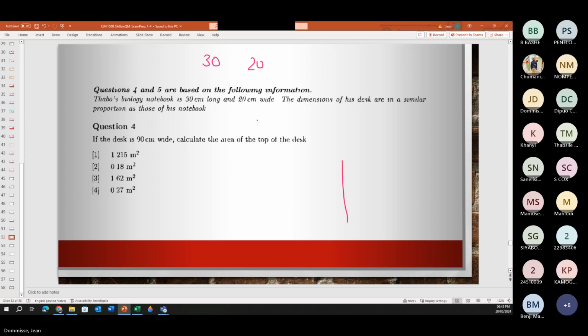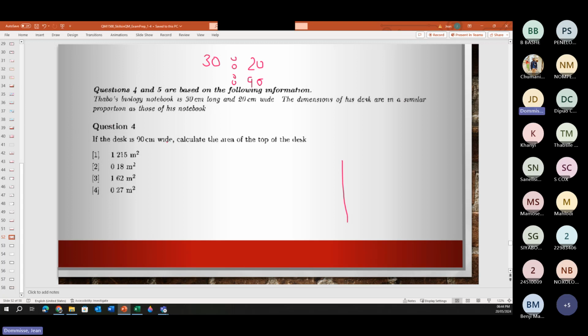Sure. Okay, so this is quite an interesting one. So if that ratio is 50 to 20, also sneaky, because they say Tabu's biology notebook is 50 long, 20 wide. The dimensions of his desk are in similar proportion to those of his notebook.